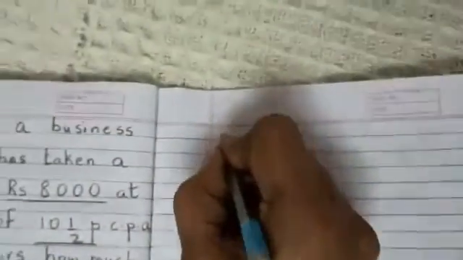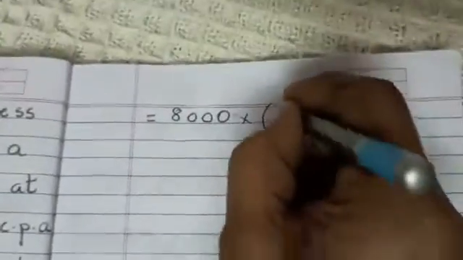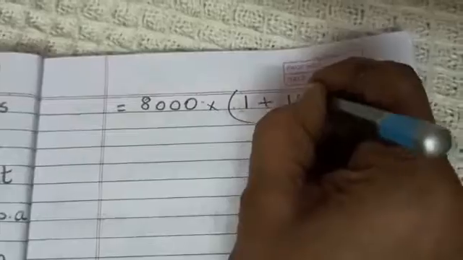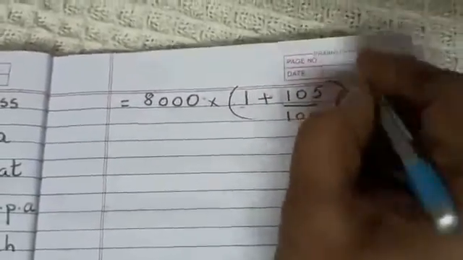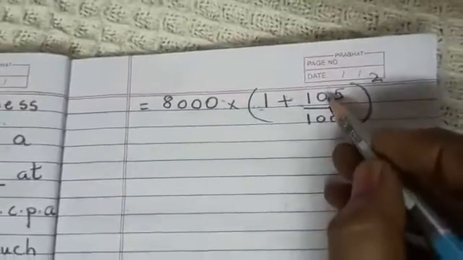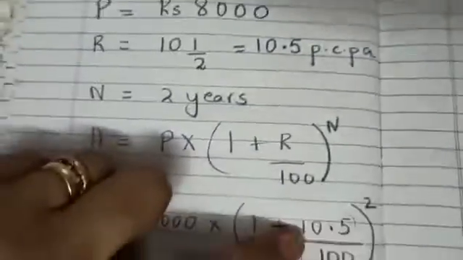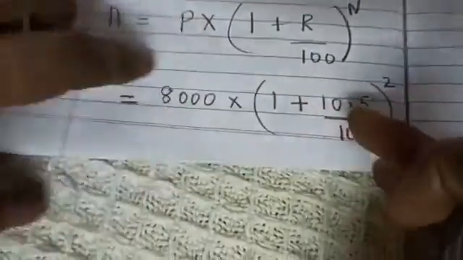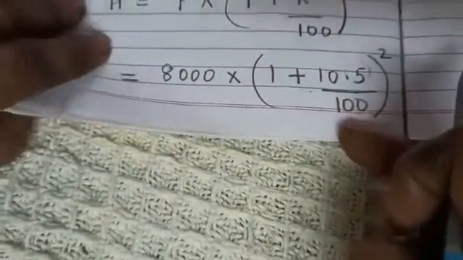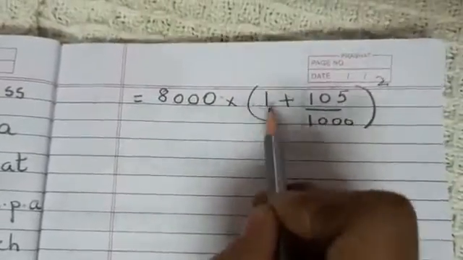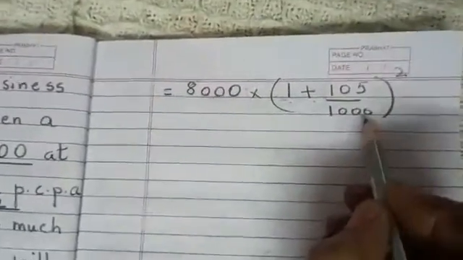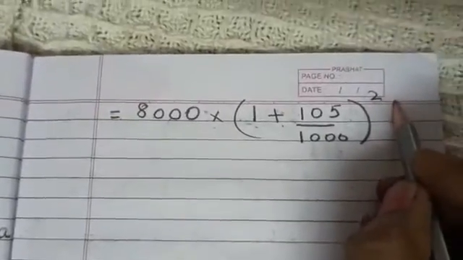So we get 8,000 into 1 plus 105 upon 1,000 the whole raised to the power of 2. Again I'm repeating it, it was 10.5. I removed the point, so I put an extra 0 in the denominator.